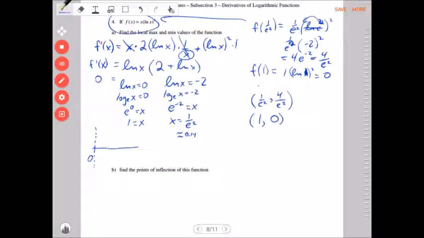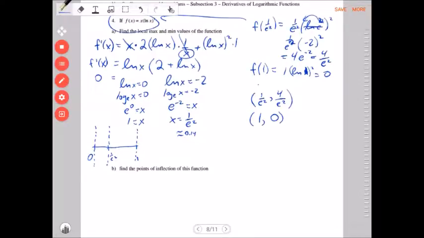We have a critical value at 0.14, or 1 over e squared, and we also have a value at 1. Those are the regions we have to check.